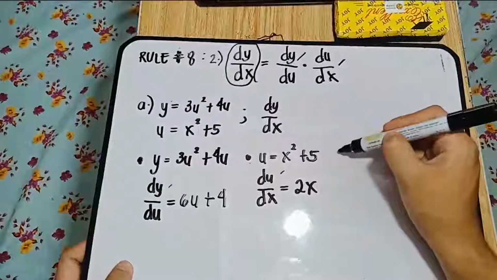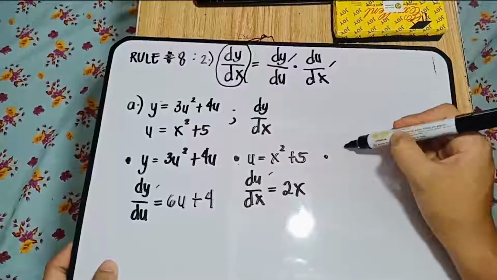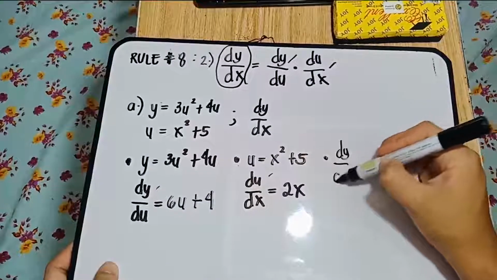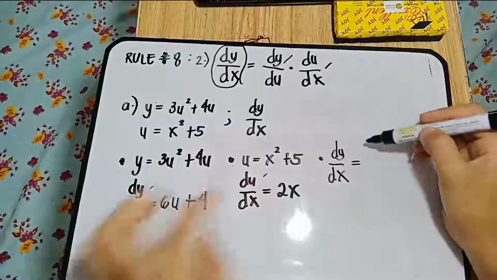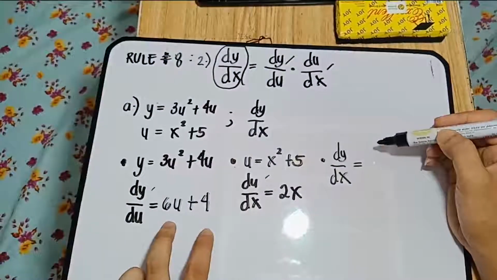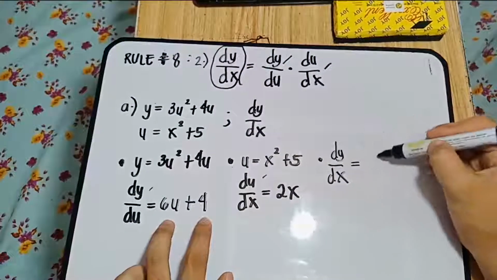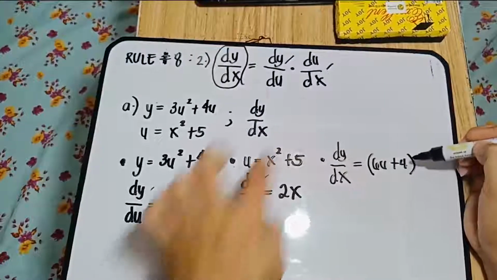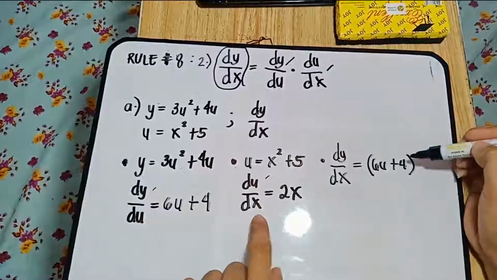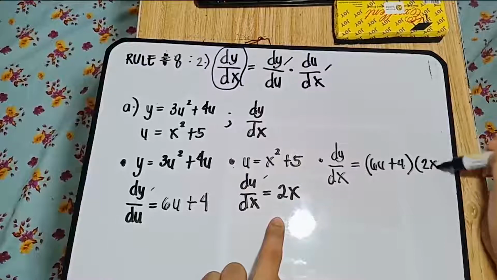Ngayon, mumultiply lang natin yon to be able to solve for dy over dx. So, apply lang natin ito. dy over du, this is dy over du. So, 6u plus 4. Then, multiply by du over dx, ito yon, multiply by 2x.